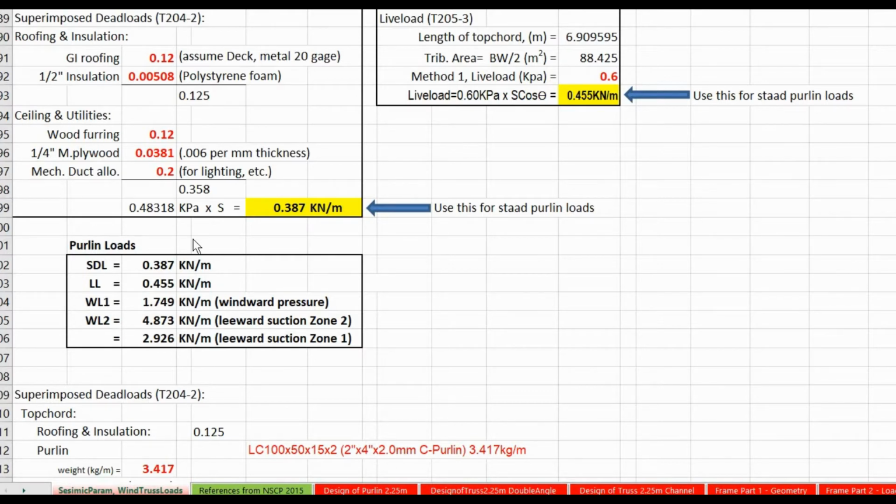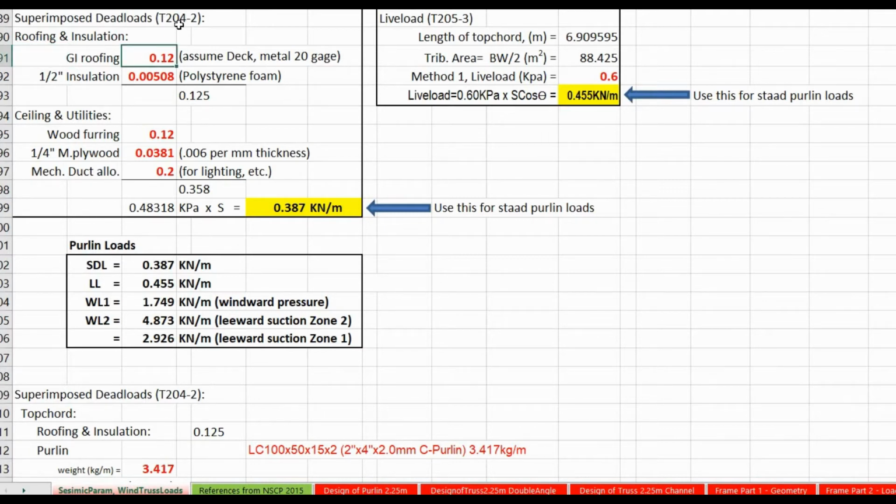This is taken from table T204-2. Sa purlins, ang binubuhat ng purlins, you have roofing and insulation. So, yung GI roofing, gagamit tayo ng gauge 20. So, this is 0.12.